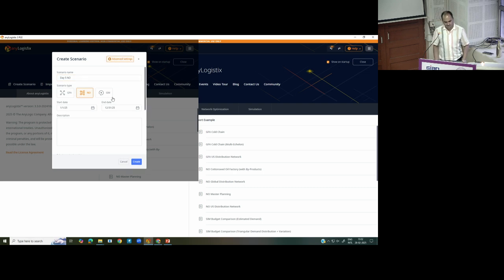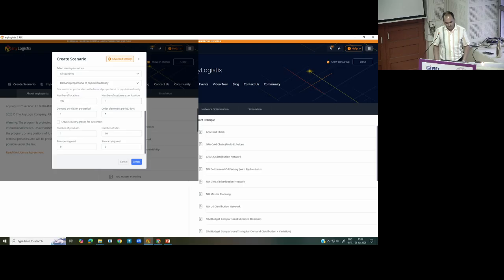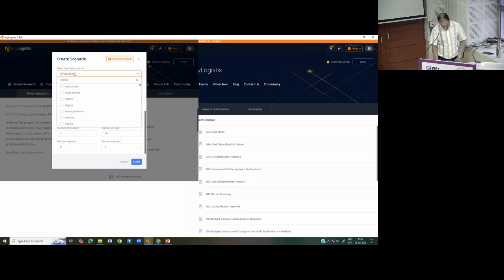If you click on this advanced setting, suppose you want to ask the logistics tool to randomly select the customers based on the population. So you can see that you can select any country. Suppose you want to select India.